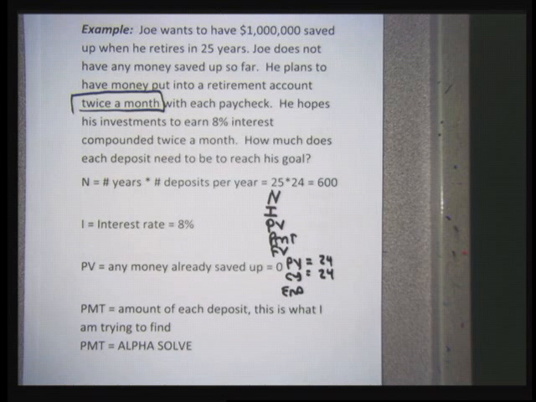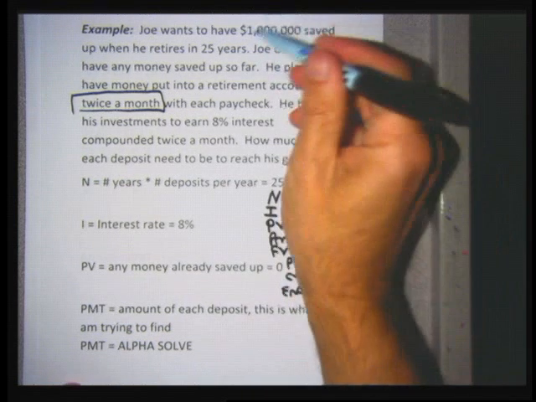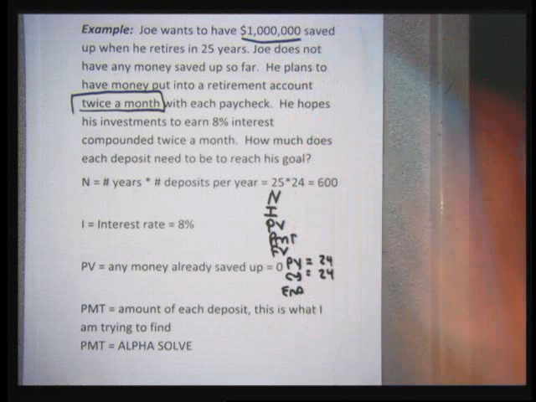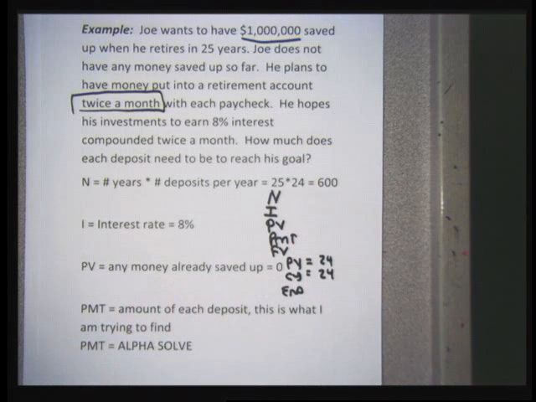Now, I'll go through the problem and just kind of pick one number at a time. The first amount that I see is $1 million, and that's the amount of money Joe wants to have 25 years from now in the future. So that's a future value, and fortunately, with future value we don't have to vary signs. Future value is always positive.